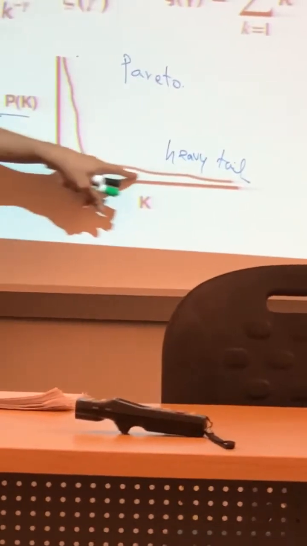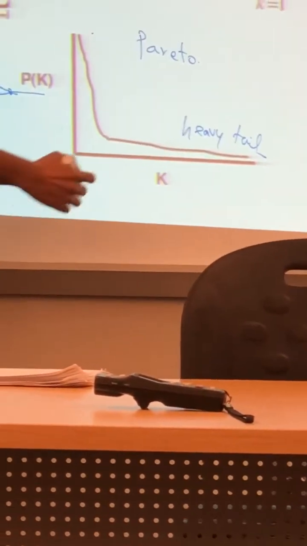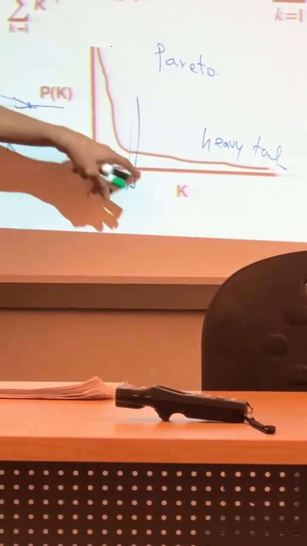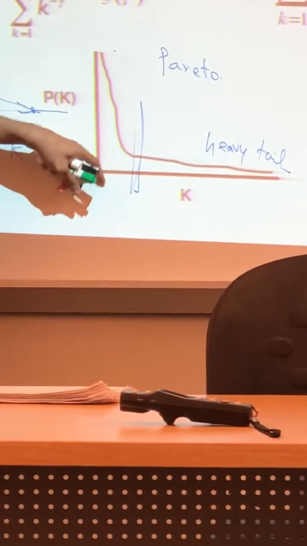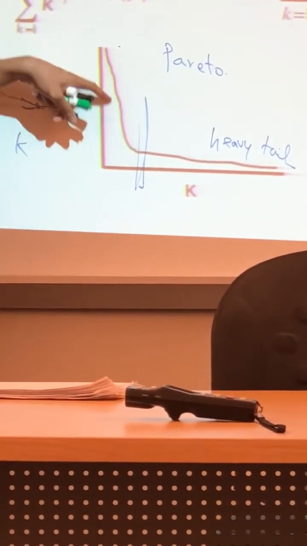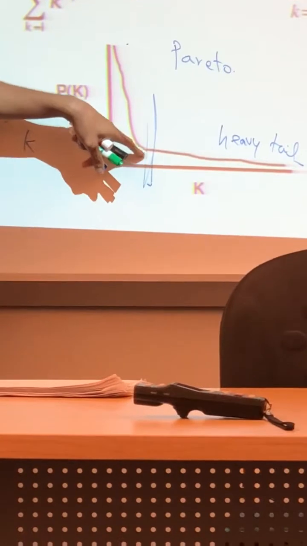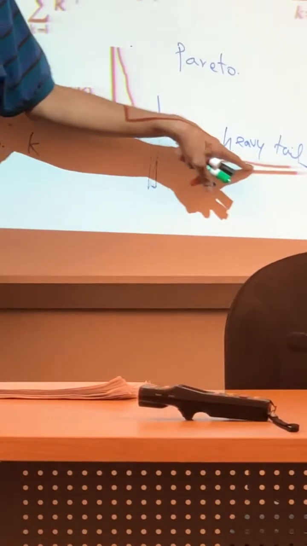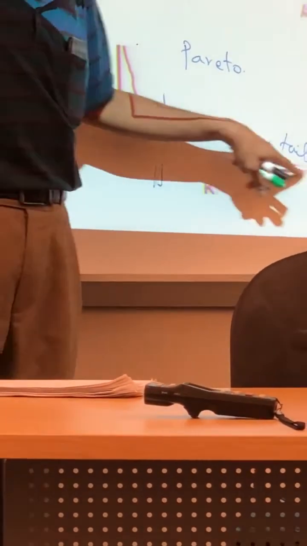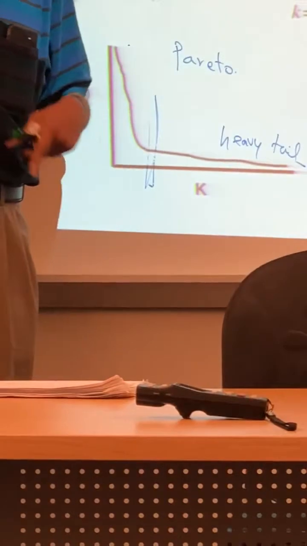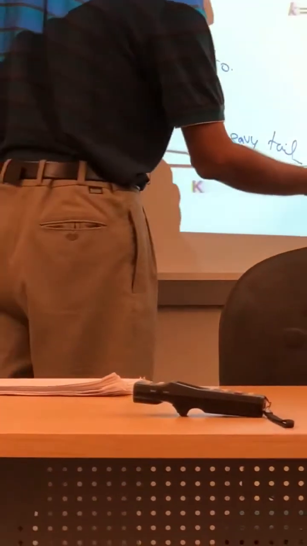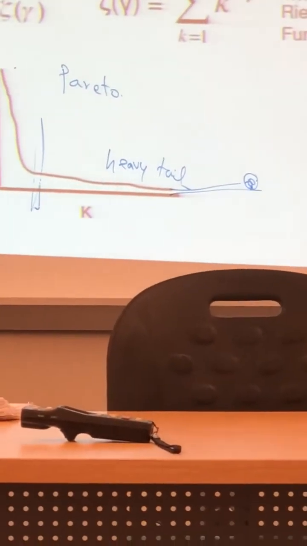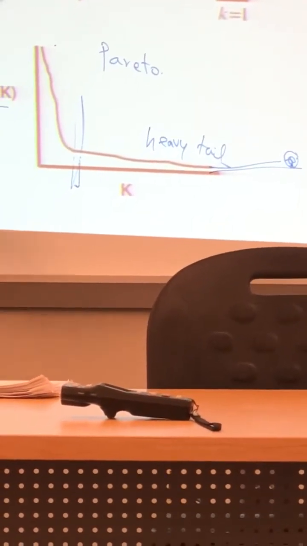Whereas here, it's a long tail, because even though the average might be somewhere here, there's a high probability for nodes with a smaller degree, and then quickly the probability for a certain degree decreases. But it doesn't go to zero. So it keeps on having a non-zero probability. You could even have a very large degree value, and the probability of finding a node with that large degree is still non-zero.